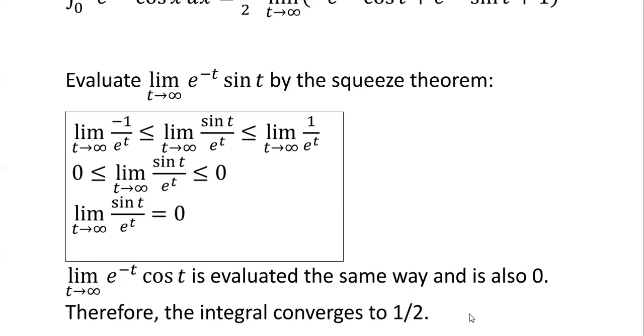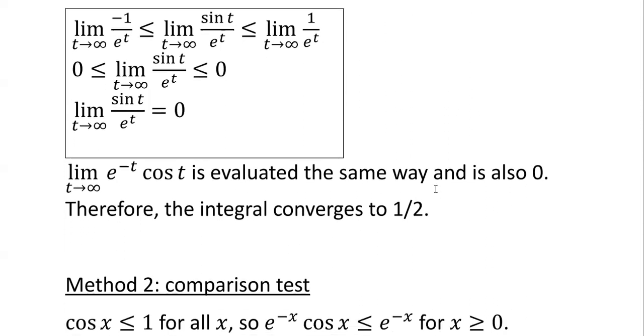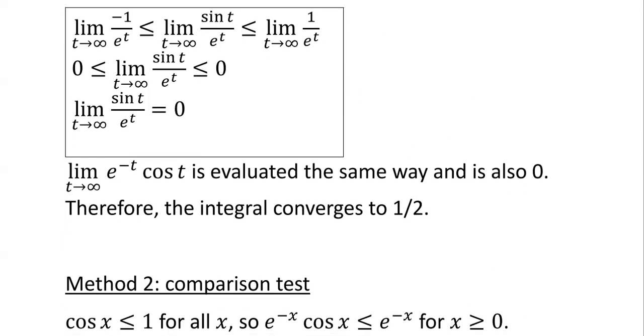Now let's go through method 2, comparison test. Well, we can do a similar comparison like we had to do for the squeeze theorem. We know that cosine x is less than or equal to 1 for all x. So e to the negative x cosine x is less than or equal to e to the negative x, and we can simply restrict it for x greater than or equal to 0.